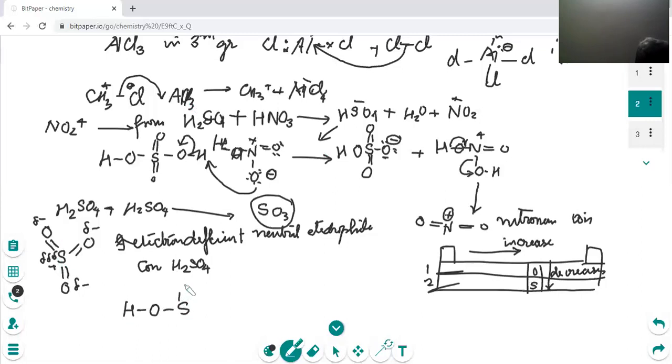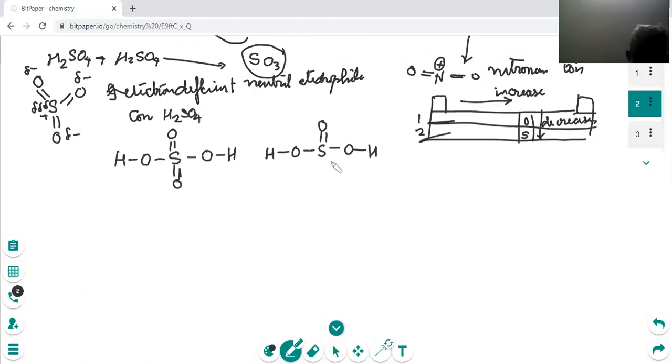And here is your sulfuric acid. Look here. I want you to know the exact mechanism of formation of this. Here is one molecule of sulfuric acid and here is the second molecule of sulfuric acid.